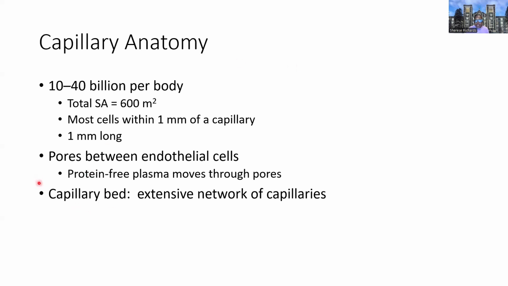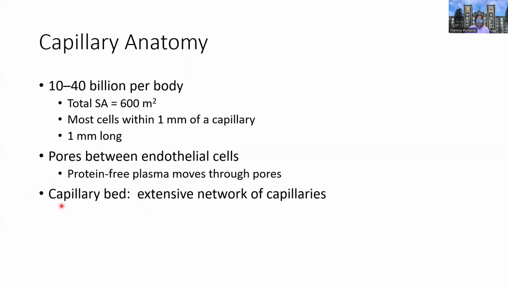However, this is going to be protein-free plasma, okay? Proteins we described previously in MP1, proteins are too large to pass through these types of pores. And so they usually need some type of transporter or some type of channel or pore in order to move through the cell membrane.